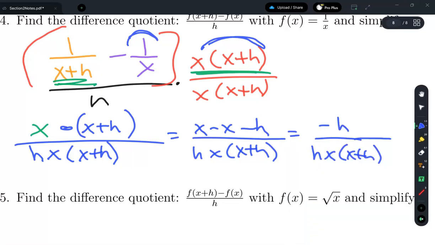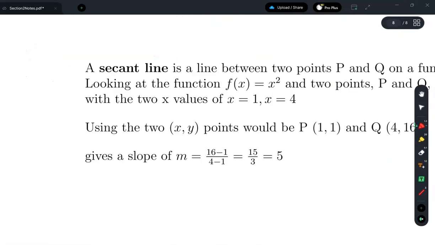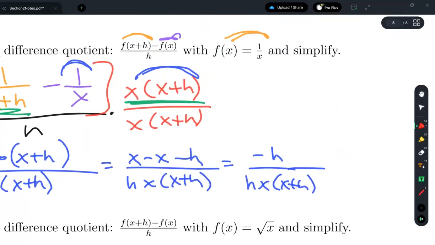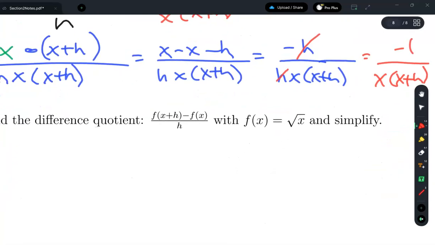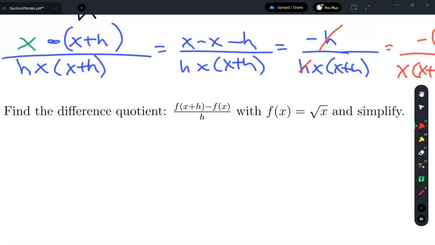So you can see that the h's cancel, so I'm left with a negative 1 over x times x plus h. All of the homework problems, all of the note problems you will be seeing in some way in the future.